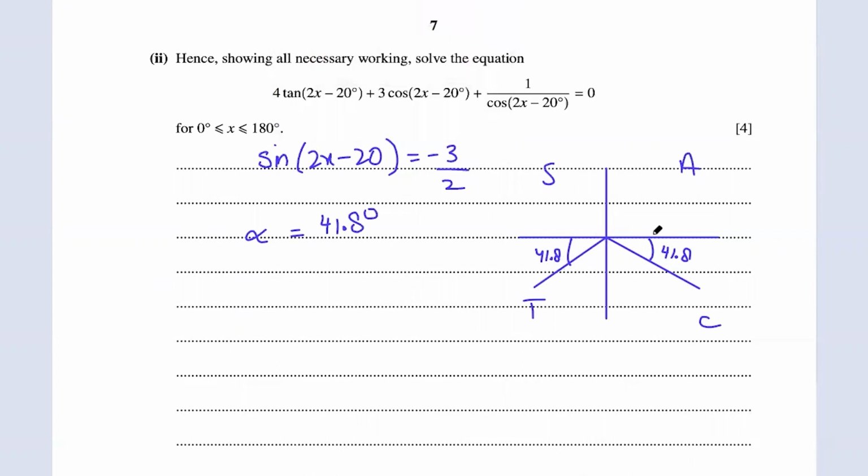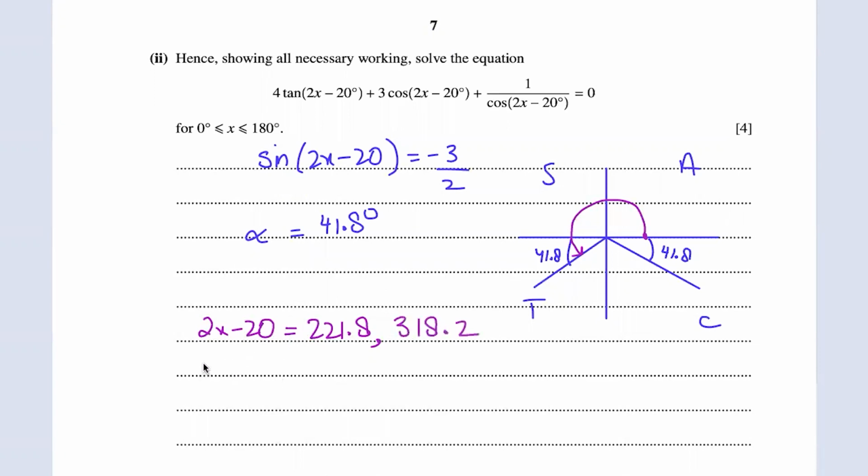Now the angle is always measured from the positive x-axis in an anti-clockwise manner. So we can write 2x minus 20 is equal to 180 plus 41.8, which will become 221.8, and 360 minus 41.8, which is 318.2. Now, as our range is 0 till 180, we will not be taking any further values as it will go beyond 180.